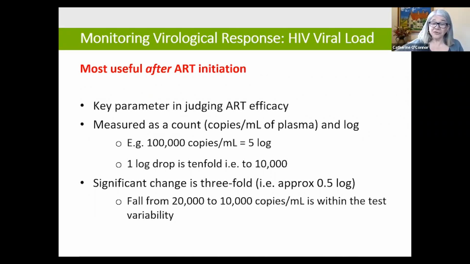So 100,000 copies is log 5 or 5 log, and a 1 log drop is 10,000. We consider a significant change as a 3-fold change, so that would be 0.5 of a log. So a change from a viral load of 20,000 to 10,000 is just within the test variability. It's not significant.